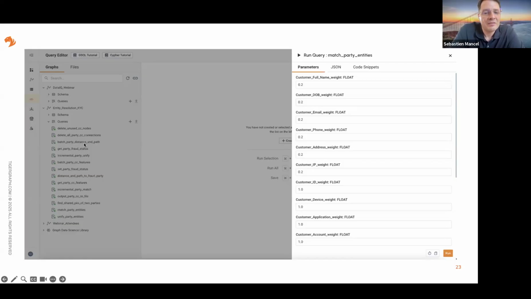So again, if you have, let's say, a driver's license ID, a device ID, or an account ID, those can have weights of 1, which means that they're really strong identifiers that would heavily influence whether two parties are considered the same. On the other hand, full name, date of birth, email, phone number, and addresses have a lower weight of 0.2.